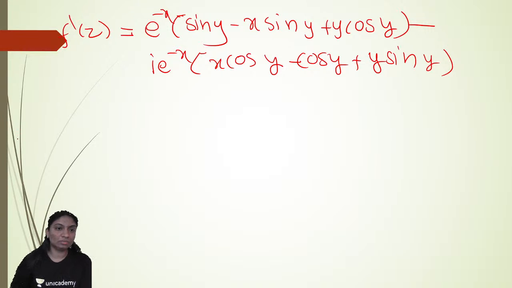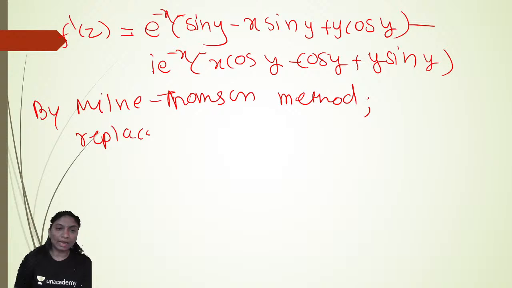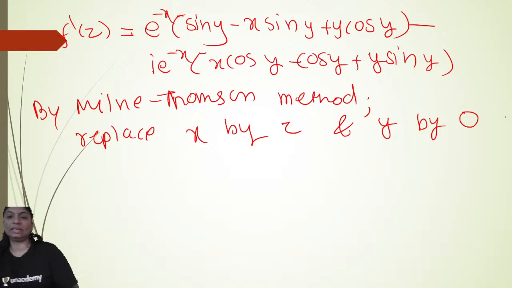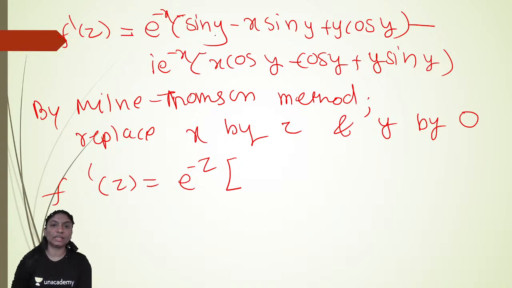Now by Milne-Thomson method, replace x by z and y by 0. Right? Replace x by z and y by 0. So we get f dash of z is equal to e raised to minus z into bracket y 0 sin 0, 0 sin 0, 0 y 0.